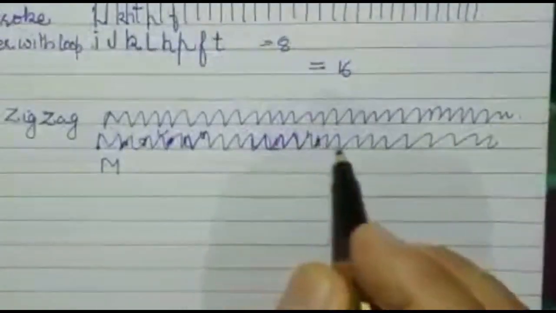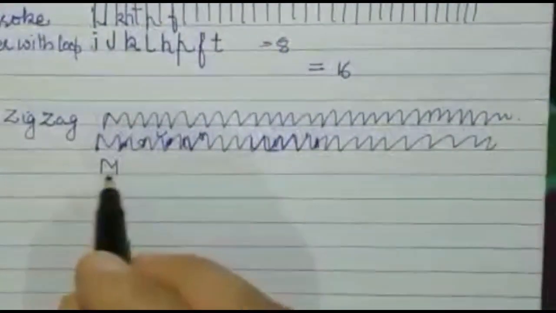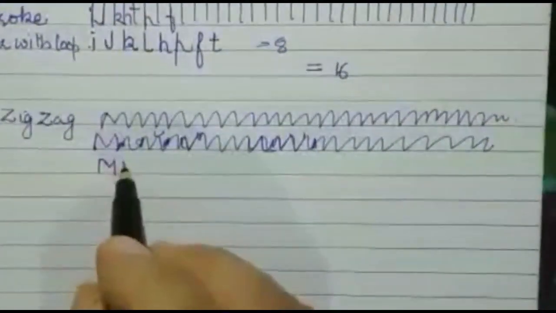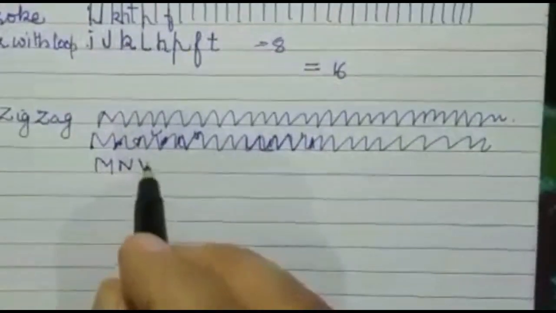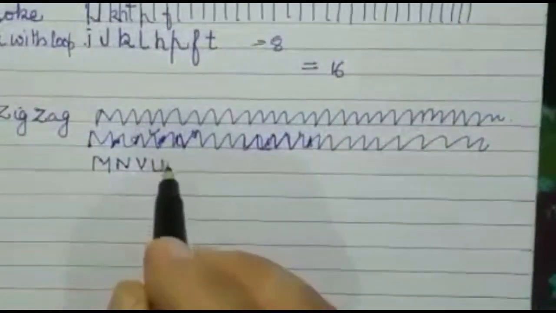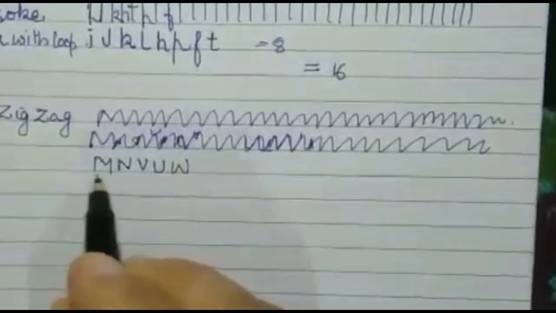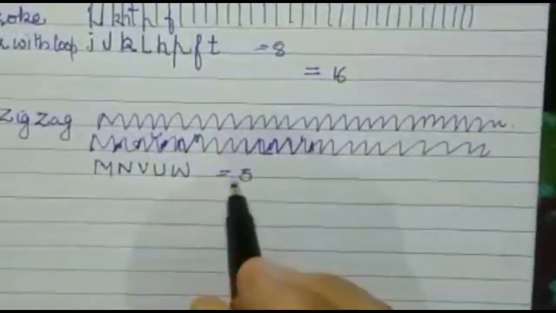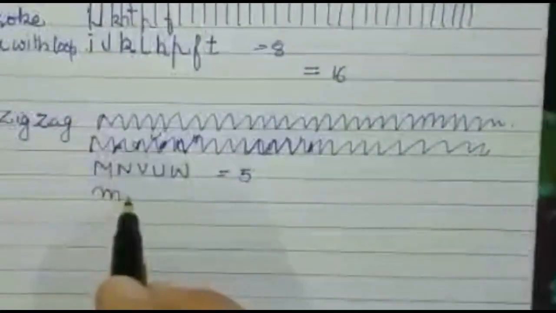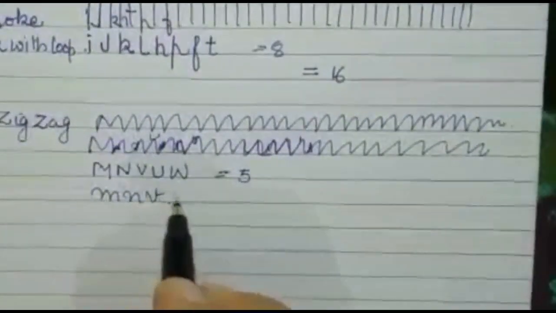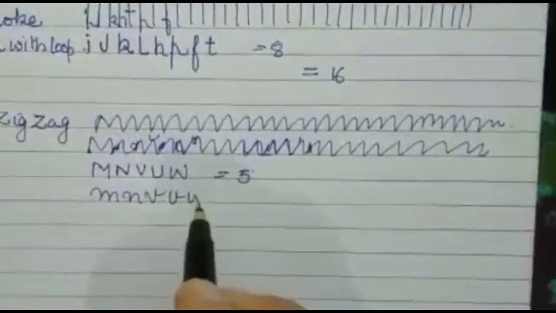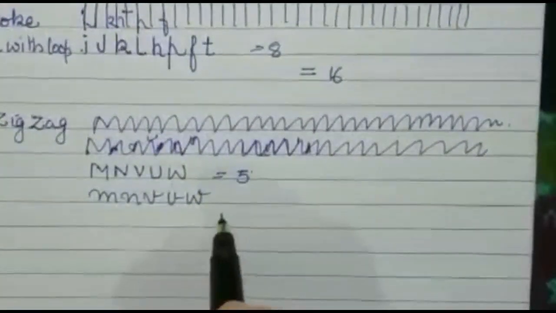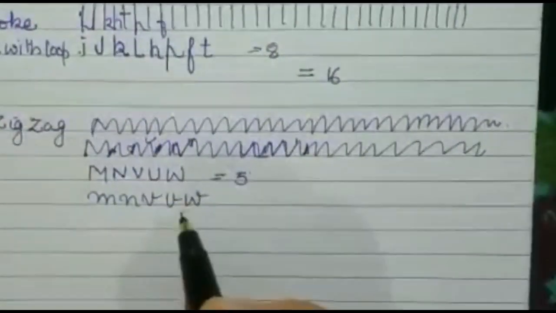See, this is W. 5 letters are formed: M, N, V, U, W. 1, 2, 3, 4, 5 letters. They are all formed: M, N, V, U, W. See, these 5 are formed out of these zigzag letters.